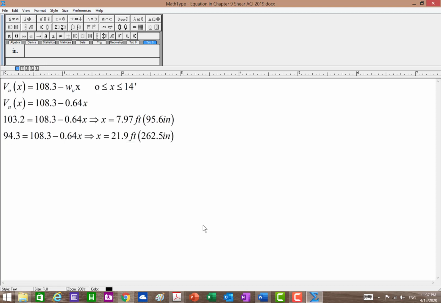To put it here. Wrong place. I have to do it here. This is not valid because it exceeds 14 feet, right? And 14 feet is the limit for that equation.